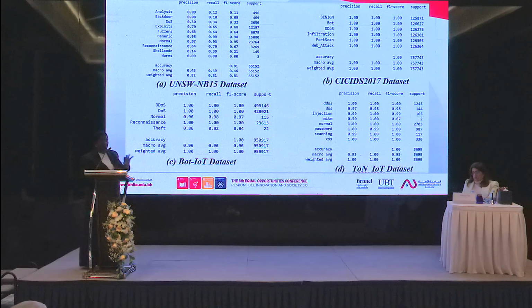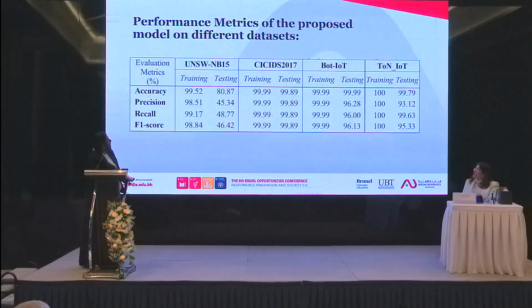So that's why I took 60 or 70% of datasets, all of them in CSV format. After this, you can see the individual multi-class classification of intrusions and their particular precision, recall, or F score with accuracy for all the 4 types of data sets. And this is the overall summary of the performance metrics of my proposed model with the different data sets.